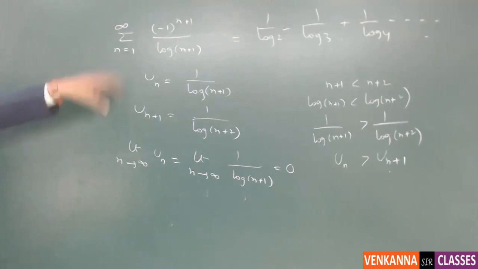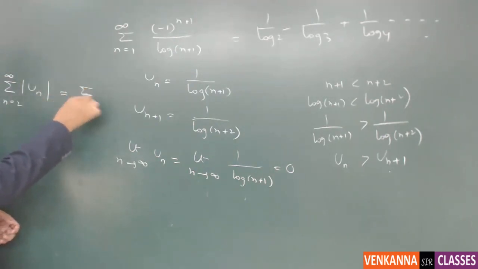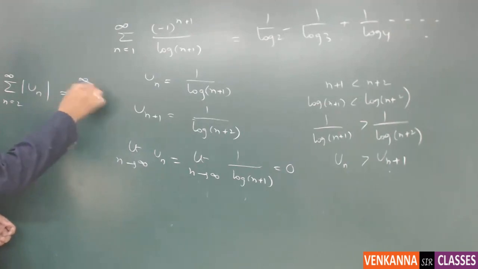Any questions over this part, what I considered? So, if you want to check for absolute convergence, so if I write sigma mod un, you can write summation n is equal to 2 to infinity mod un. So this will be summation n is equal to 2 to infinity 1 by log n.